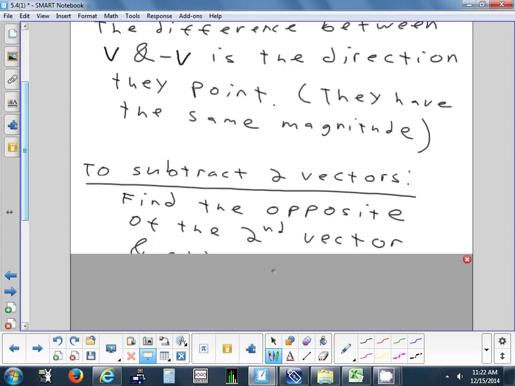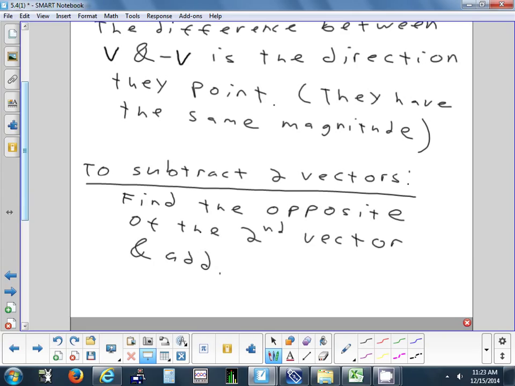So to subtract two vectors, find the opposite of the second vector. That makes it negative. And then add. Here's an example with numbers again. That's the idea we're going for right here. Find the opposite of the second one, and then change it to addition.